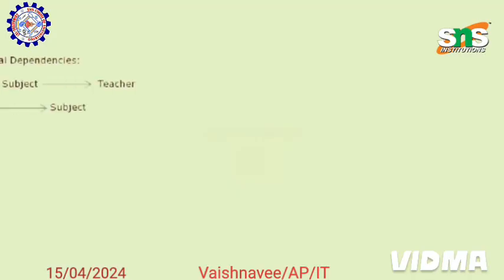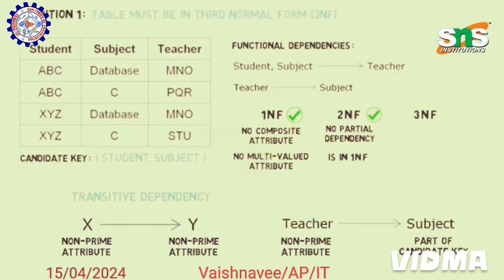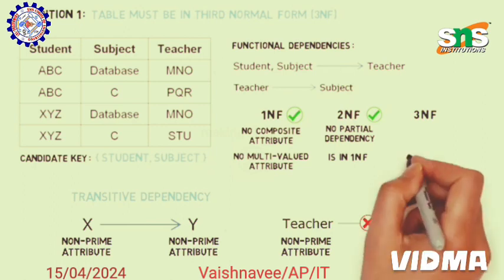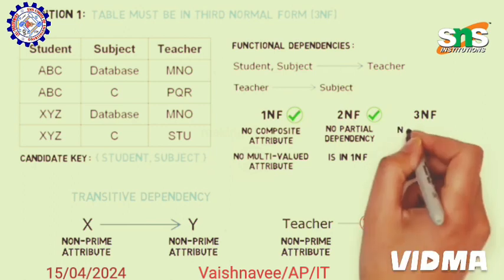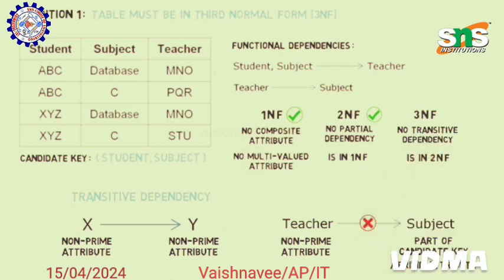Student, subject determines teacher. A candidate key determines a non-prime attribute in this functional dependency. The LHS, or left hand side, is a candidate key, so there is no problem with this functional dependency. The next functional dependency we have is teacher determines subject. A non-prime attribute determines part of a candidate key.